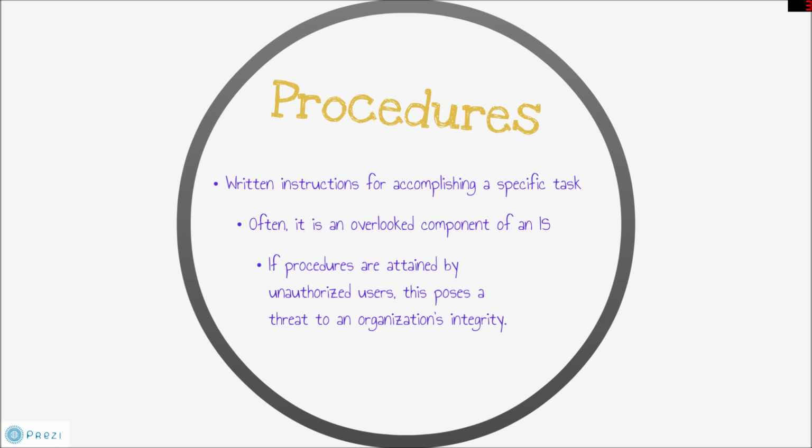For example, a consultant to a bank learned how to wire funds by using the computer center's procedures, which were readily available. By taking advantage of a security weakness, this bank consultant ordered millions of dollars to be transferred by wire to his own account. Lax security procedures caused the loss of over $10 million before the situation was corrected.